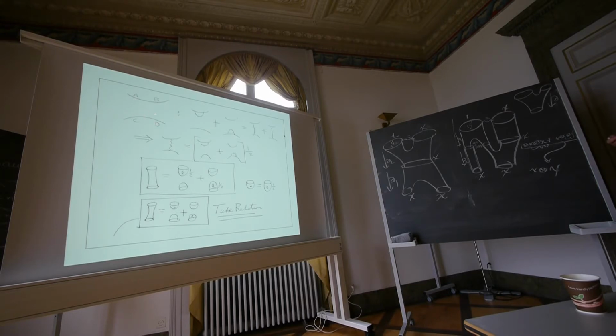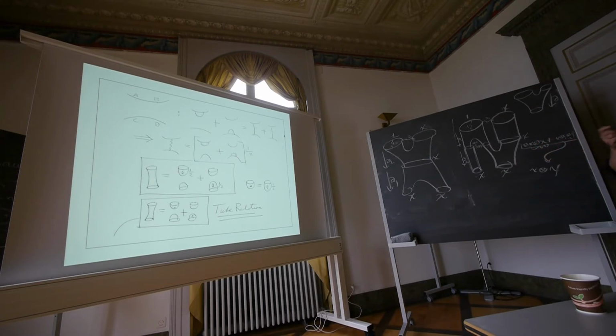Then I can connect by a tube here or here, and that will be equal, if you watch my conventions, to connecting here or here. So if you look at it that way, you see that if you have 2 surfaces, then you get an identity that looks like this: 1/2, assuming you can divide by 2, of the upper surface with a tube on it, plus the lower surface with a tube on it will be equal to the identity tube.